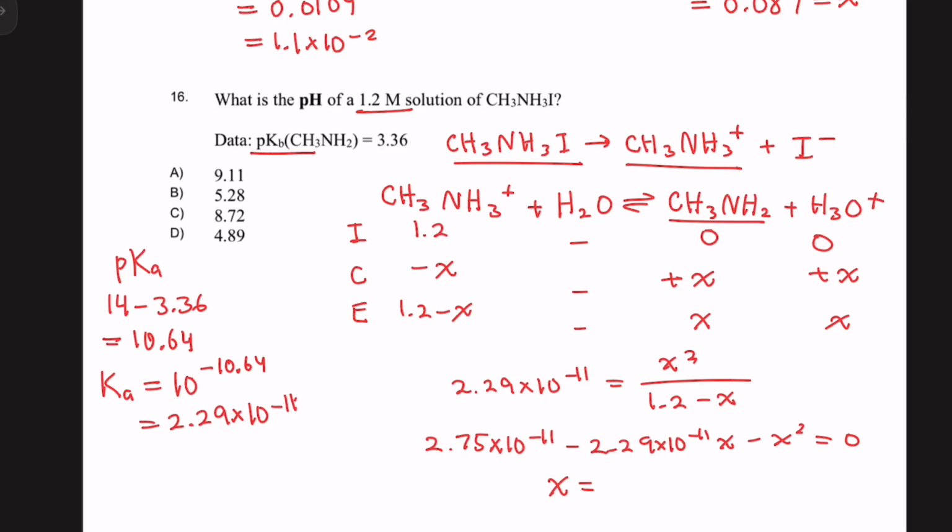If you don't know it, it's on the lecture slides. And our x value is 5.244 times 10 to the negative 6. So that's x, which is also the concentration of H3O plus. So to find pH, we have to take the negative log of the concentration, which is 5.28. So it's option B.